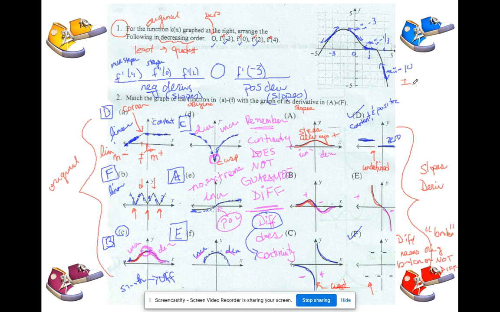If your derivative changes sign, then the original has a turning point.